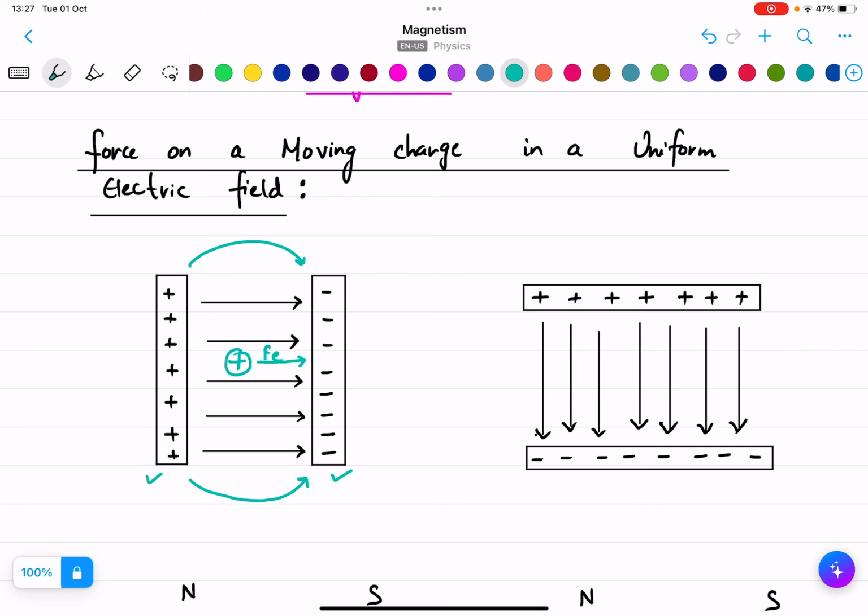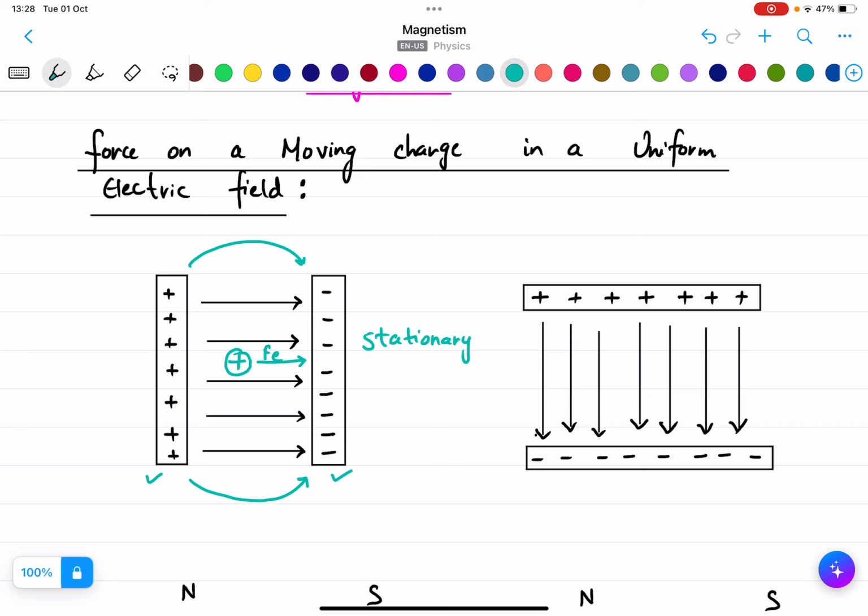Because this positive will attract towards the negative plate. So the electric field will always be in the positive to negative direction. But if the charge is stationary, it's not moving, it will experience an electric force in the positive to negative direction.